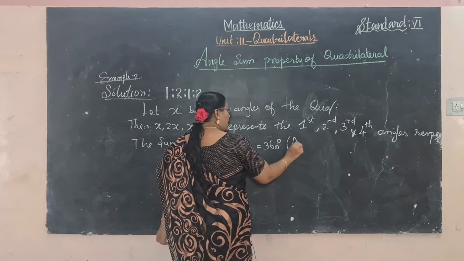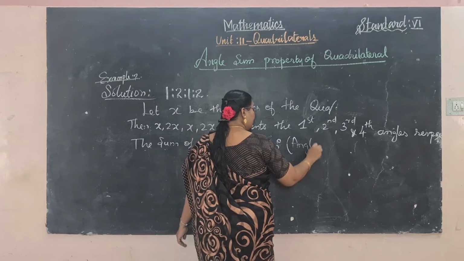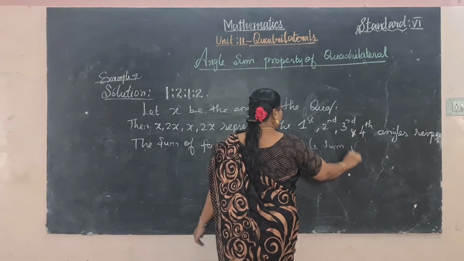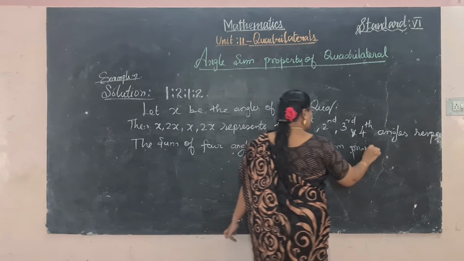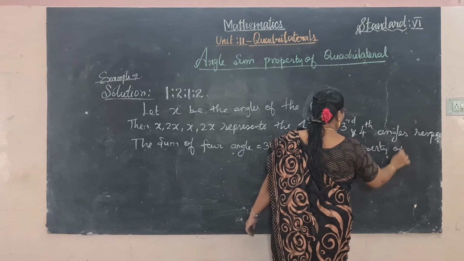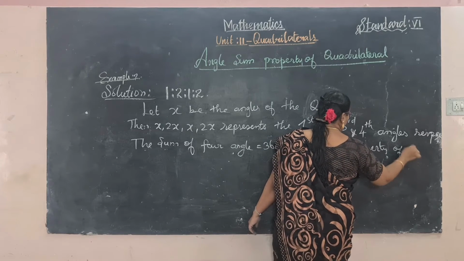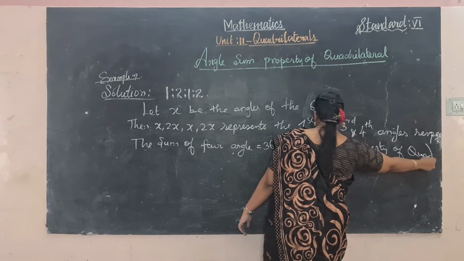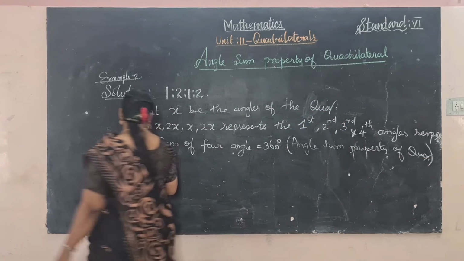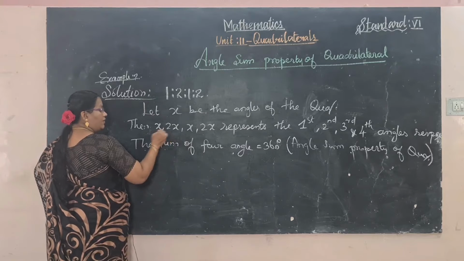Here write angle sum property of quadrilateral. Right?